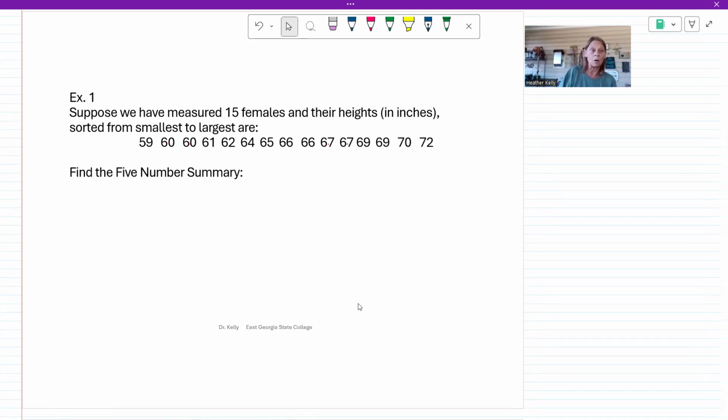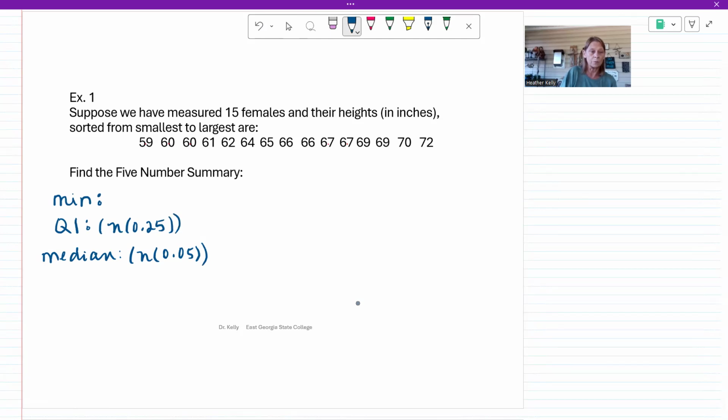So we need to find our 5-number summary. We need the minimum value, our Q1, and we get our Q1 by saying n times 0.25. We do our median by doing n times 0.5.